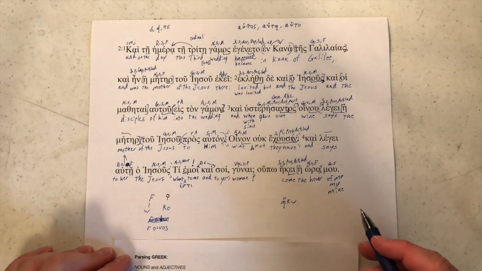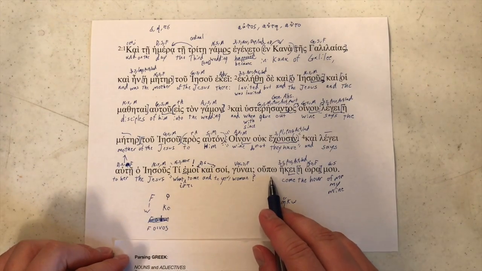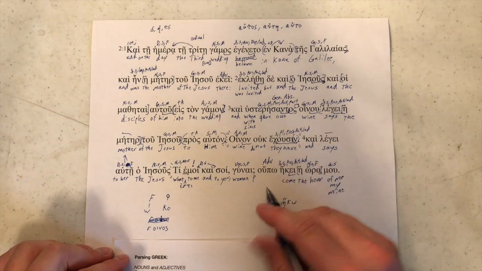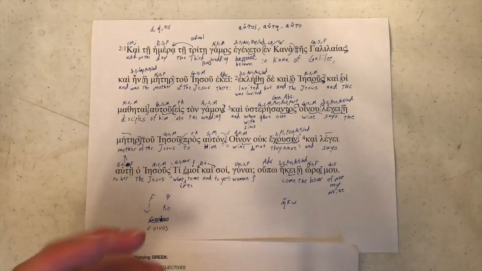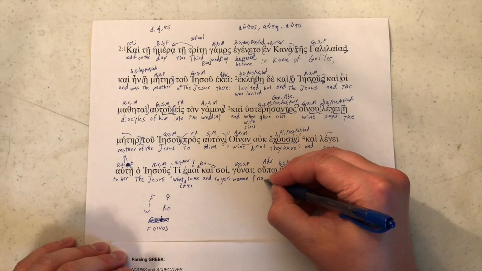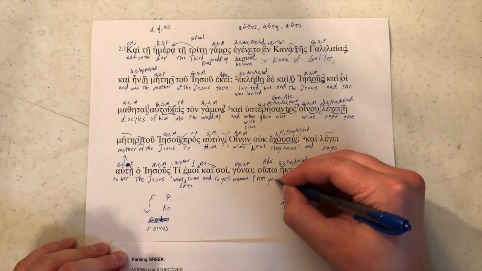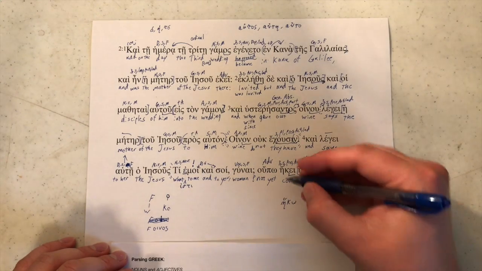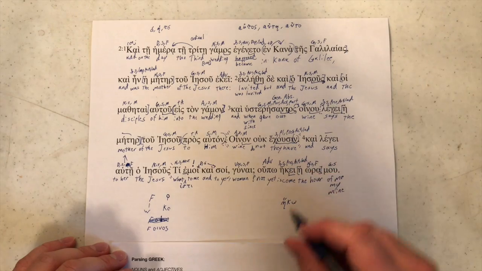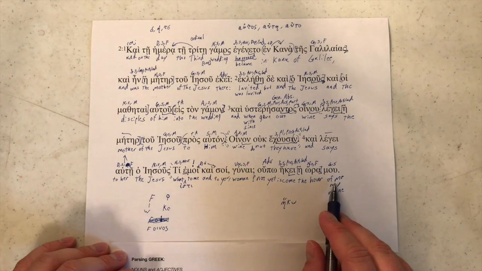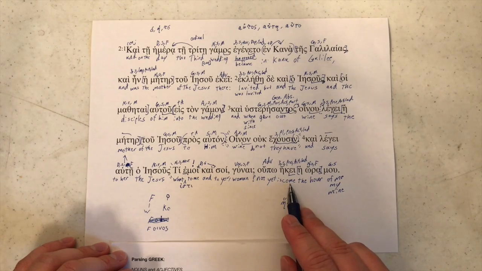And then the last word that we have to worry about is oupo. Oupo is an adverb, and it's modifying our verb here, just telling us what time. And it means not, hence the ou and yet. And to make this make a little bit more sense, I'm going to put the word is. Then we've got the hour of me is not yet come.